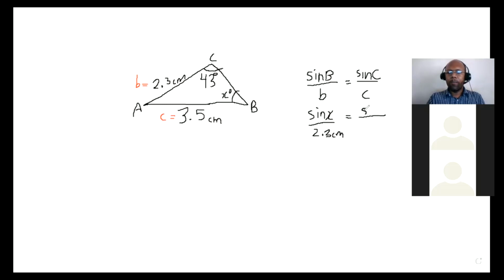Sine of 43. That's my angle for C. And that is over, what does 43 correspond to, guys? What length? 3.5 centimeters. Excellent. That's exactly what I wanted to hear.